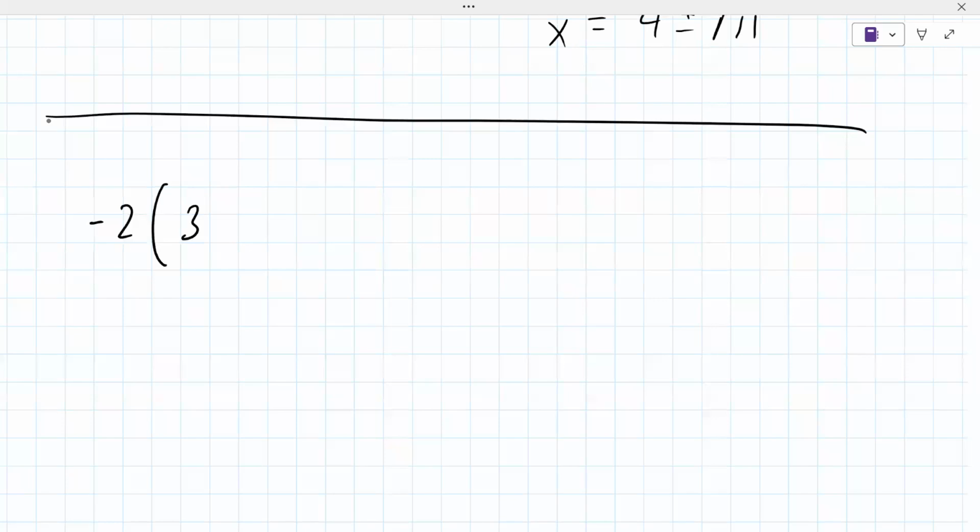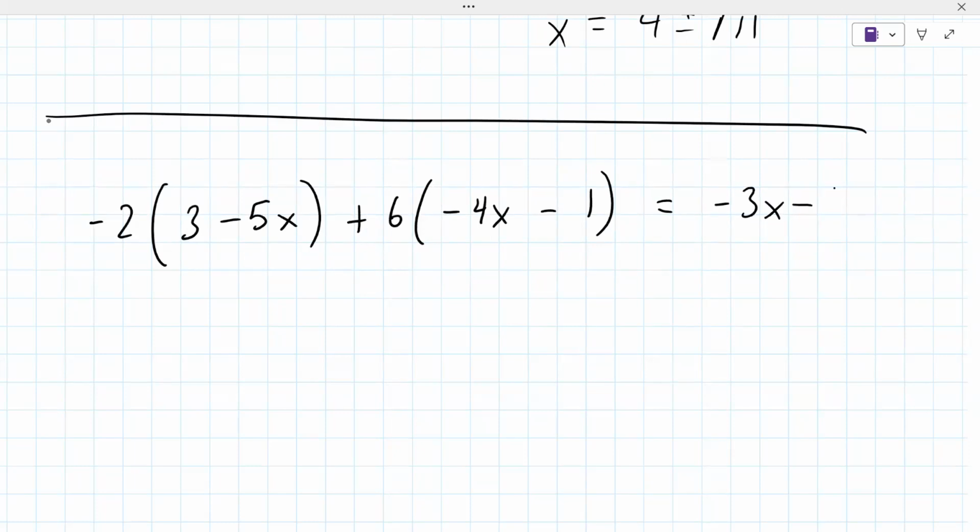Let me just add some numbers here and make sure I've got some numbers that work. Okay, give that a try, please. So we're just solving for x.